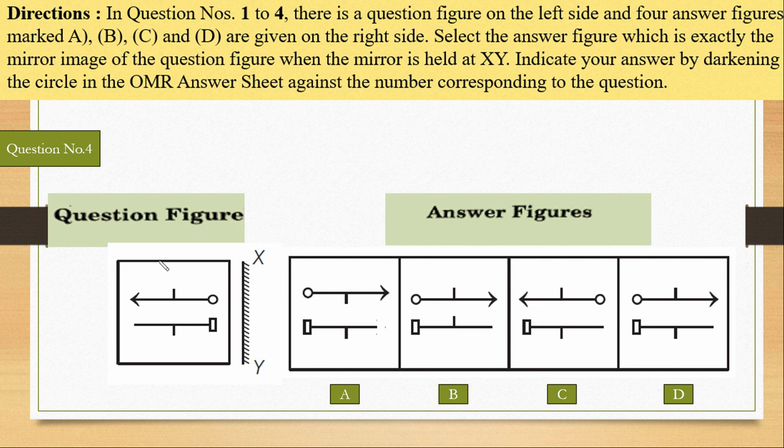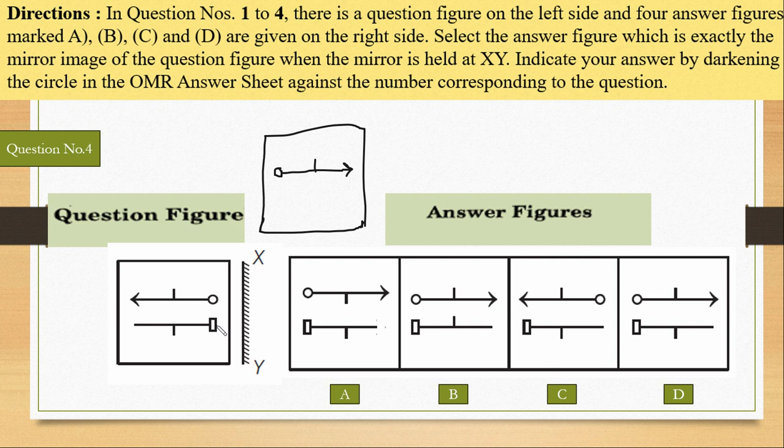In this question also, the mirror is placed on the right hand side of the object. Let us draw the square. Whatever appears on the left hand side, the arrow, should appear on the right hand side. I am drawing the same thing. This circle is on this side, and the top and bottom parts remain unchanged, so I am writing as usual.